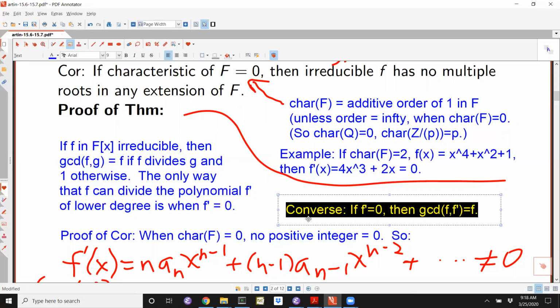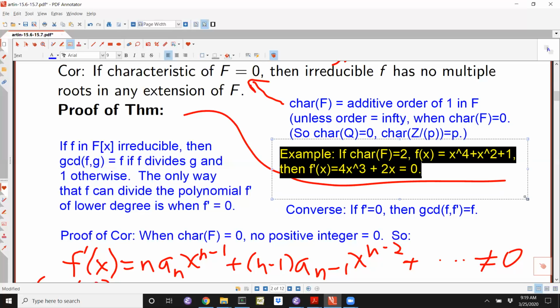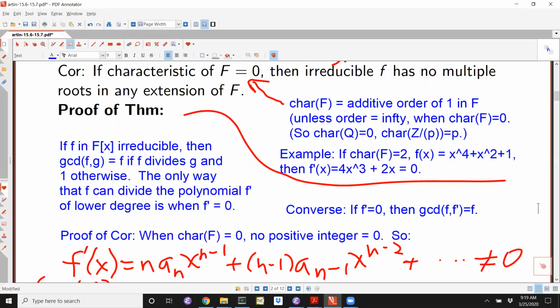And over here, we show that if f prime equals 0, then the GCD of f and f prime is f, because the GCD of f and 0 is that first thing. So, Ravi, does that make sense? Okay, yeah. Any other questions?